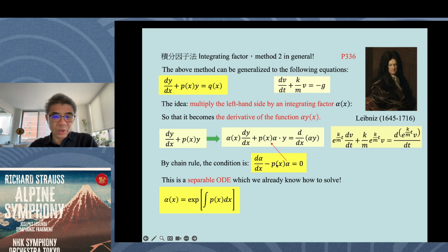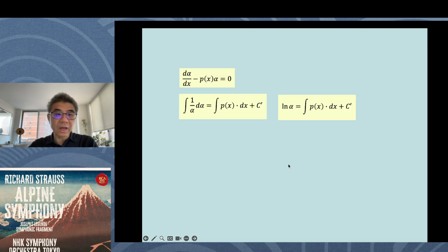Let me review how it is done. With this condition, we can move this px alpha to the right-hand side, and move alpha to the left-hand side, and dx to the right-hand side, and then integrate the whole thing. Then you will get the integral of 1 over alpha d alpha equal to the integral of px times dx plus c prime.